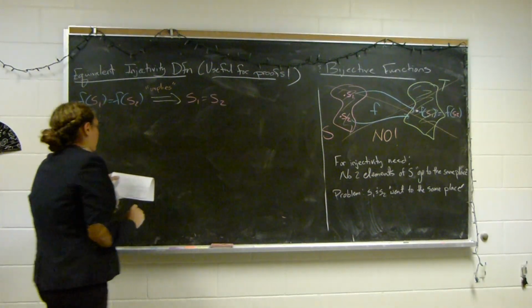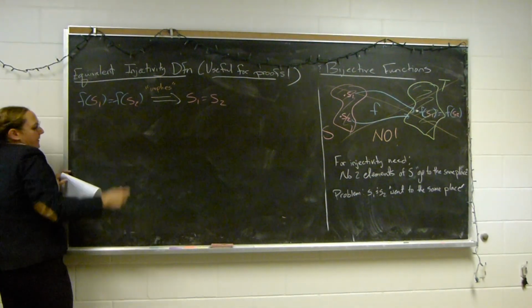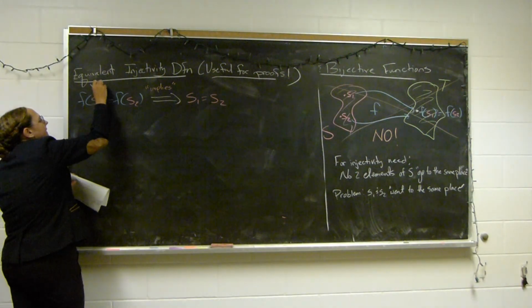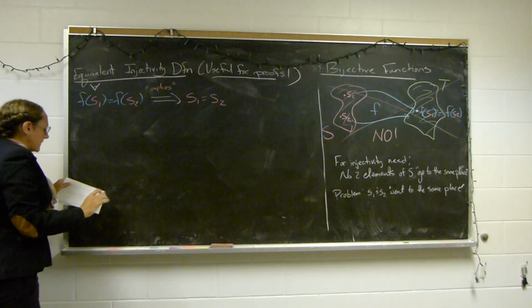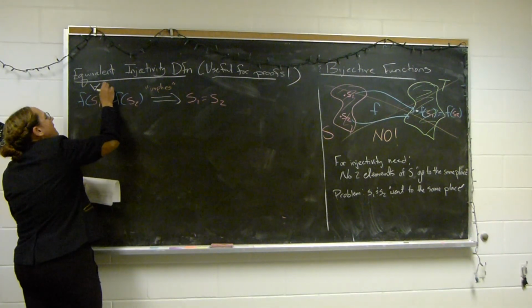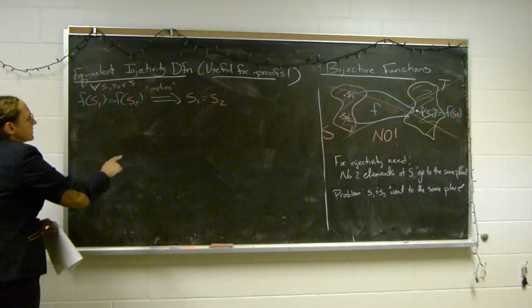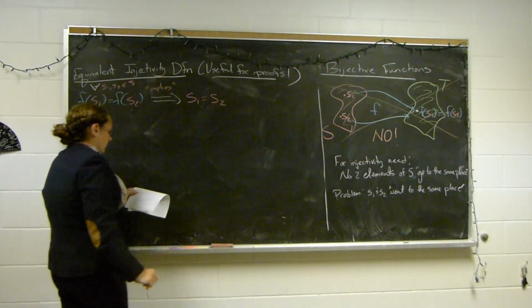I'm going to put this up here, which is a little different from how I did it in my notes, but I generally like for this to be at the beginning because it has less confusion somehow: for all s1 and s2 in S, we have that if this is true, then that is true.